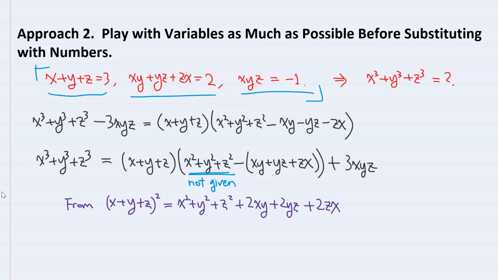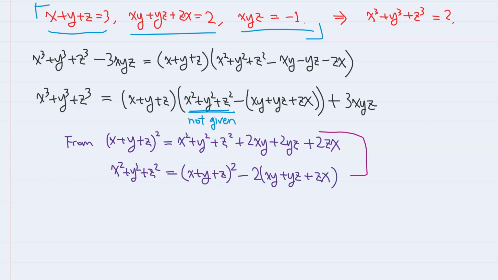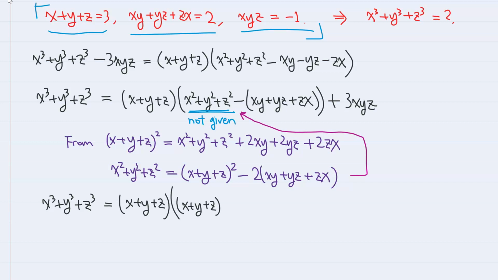From this formula, we have x squared plus y squared plus z squared equals x plus y plus z squared minus 2 times xy plus yz plus zx. Therefore, if we plug in this expression into here, we have x cubed plus y cubed plus z cubed equals x plus y plus z times x plus y plus z squared minus 2 times xy plus yz plus zx.